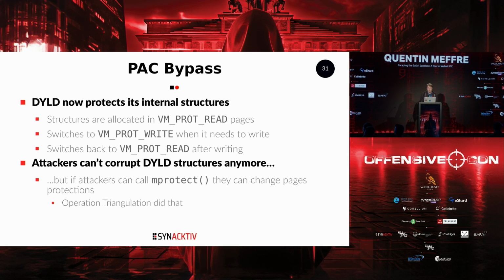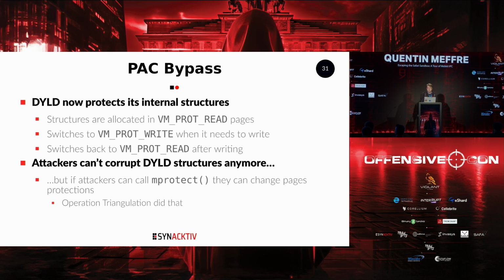Of course, Apple knows this exploitation method, so they started to protect the memory pages used to hold the DYLD internal structures. Now those structures are protected using the system mprotect protection, and DYLD will dynamically switch the protection between read-only and read-write when it needs to do a write operation on these structures.